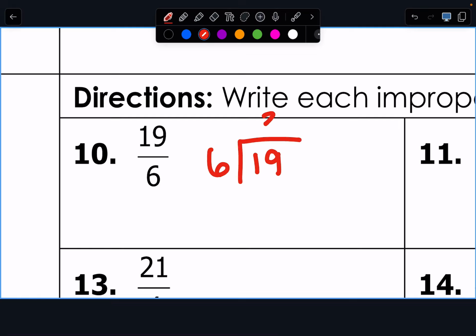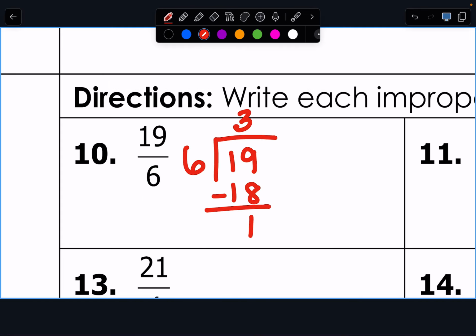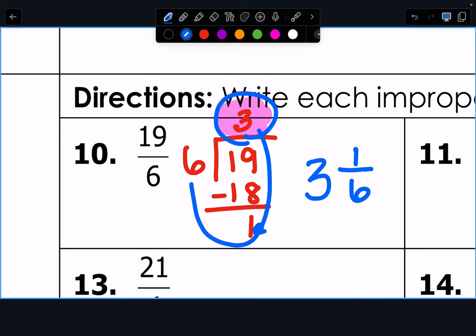So I'm going to put a 3 up here. 6 times 3 is 18. 19 minus 18, so we have 1 left over. Okay. So we take our whole number, and then we take our remainder over 6. It's easy peasy lemon peasy.